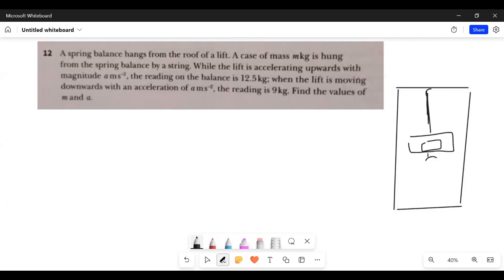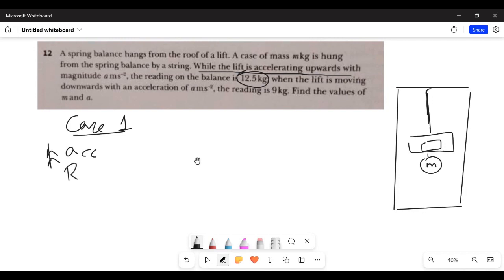So it's carrying a mass M. When the lift is accelerating upwards, let's call it case 1, the reading on the balance is 12.5 kgs.